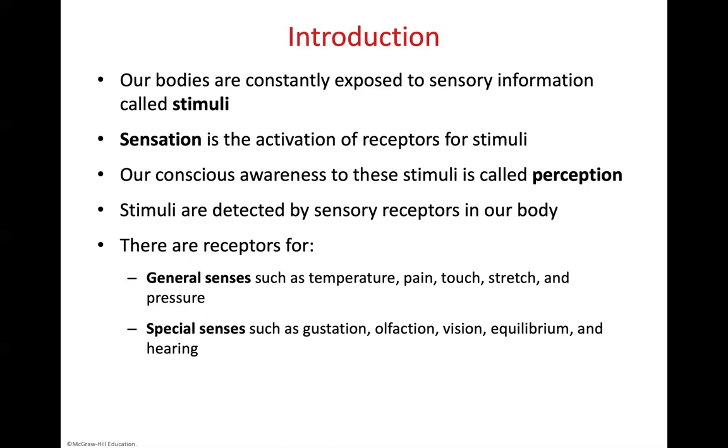Special senses are those that are localized to specialized organs. So they have special organs for these special senses. And these are things like gustation, which is taste, olfaction, which is smell, vision, equilibrium, and hearing.